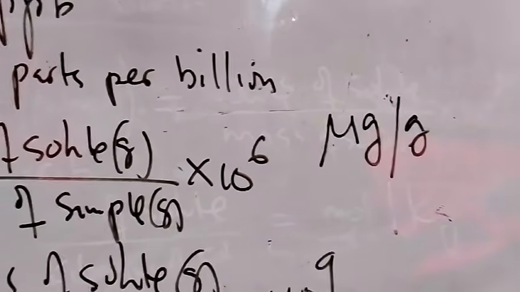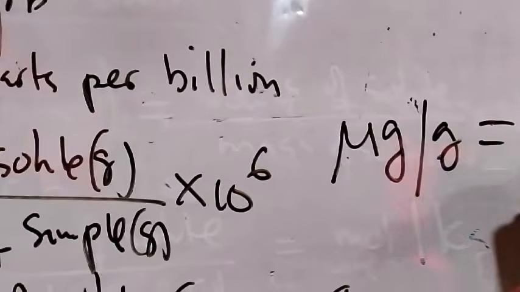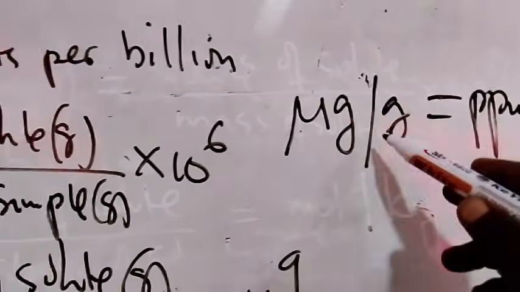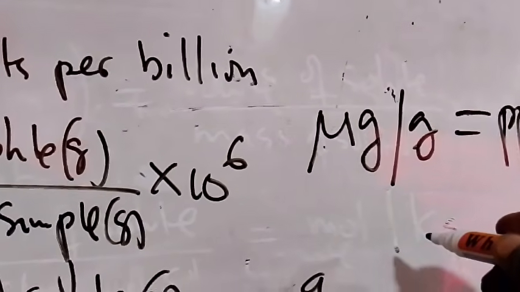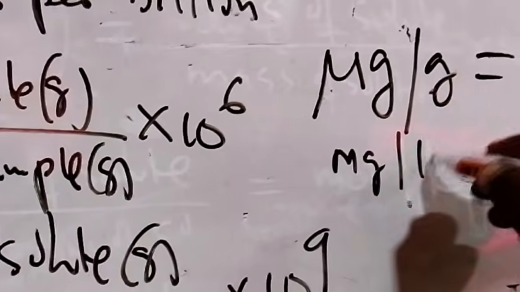So ppm is equal to microgram per gram or milligram per kg.